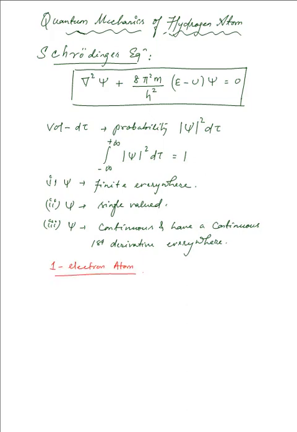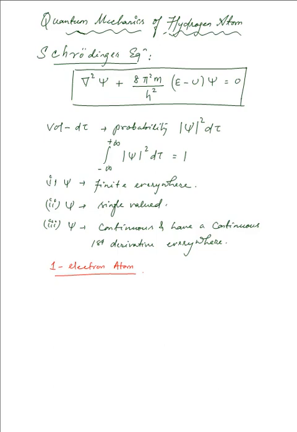Now we shall shift our focus to the one electron atom. The one electron atom, just like the hydrogen atom, is the simplest bound system that occurs in nature. It consists of a positively charged nucleus and a negatively charged electron moving under the Coulomb attraction and bound together by that attraction. The nuclear charge is Z times e, Z here being equal to 1. Z is equal to 2 for singly ionized helium atom.